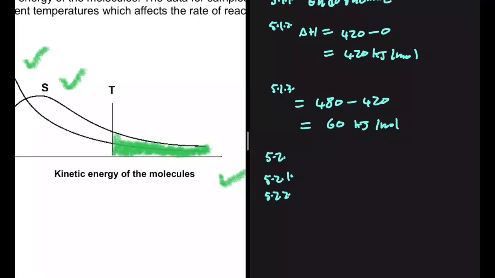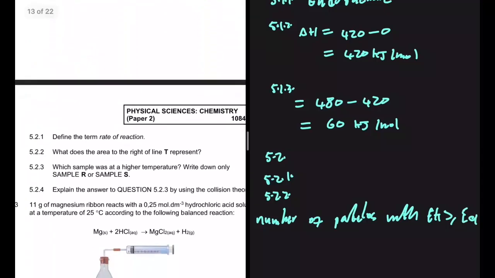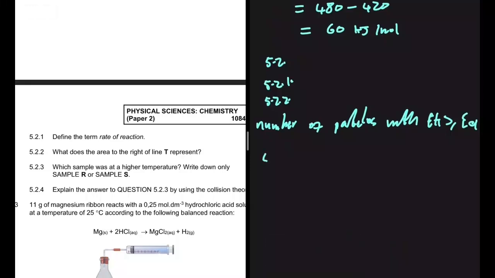You should know by now that that area represents the number of particles, so that is the number of particles with a kinetic energy that is equal to or greater than the activation energy. The number of particles with sufficient energy. That is 5.2.2. Moving to 5.2.3. Which sample was at a higher temperature? Write down only sample R or sample S.